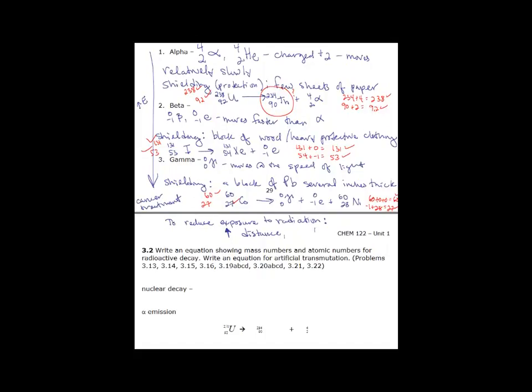And then in terms of time, would you want to increase or decrease the amount of time that you're exposed to this radiation? You want to decrease the amount of time that you're exposed to this radiation.